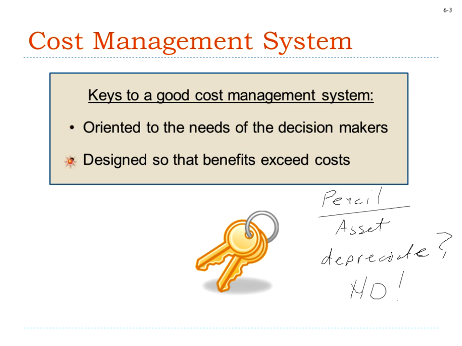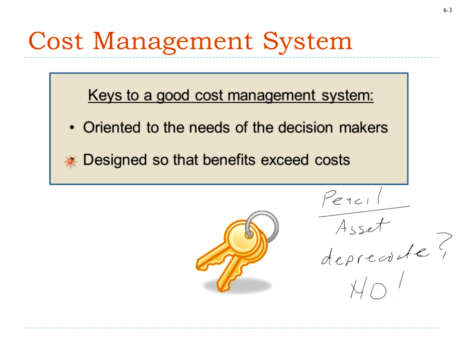And two, is it cost efficient to depreciate a pencil or a wastebasket? Is the benefit that you're going to get from depreciating these items going to exceed the cost?